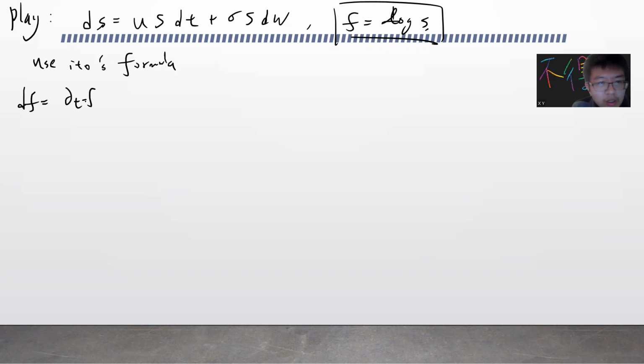I think it's partial t f plus partial x f times mu, but this is called mu t.